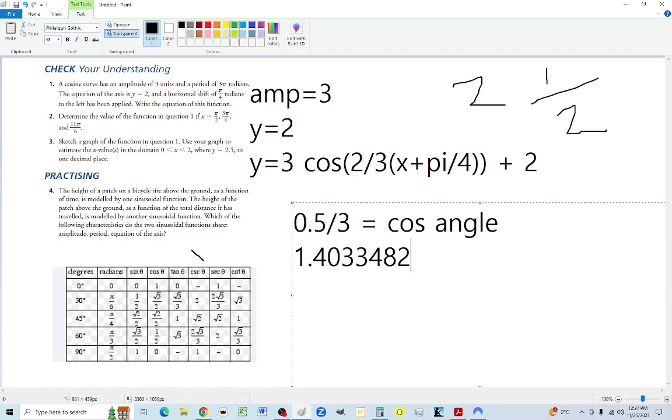Let's call it 1.4. Now that's going to be equal to the translation. So you multiply by 3, you get 4.2. Divided by 2, you get 2.1. And then you just have to subtract pi over 4. And that's going to give you your x value, in radians, of where it happens.